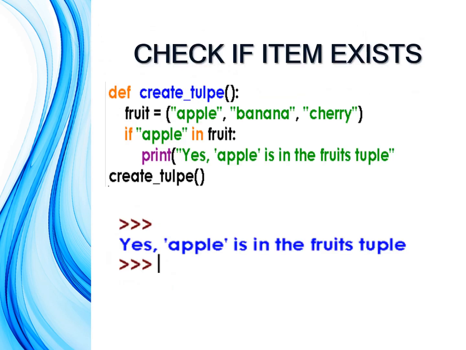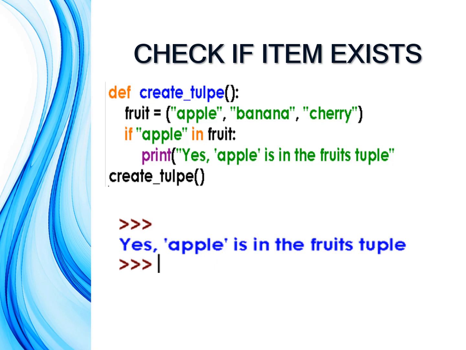We can also check if a specific item exists inside the tuple using the following code. This example is similar to the previous one, except that in the third line we have the if statement, which is going to check certain conditions. In this example, it is going to check whether a certain item is present in the tuple or not.